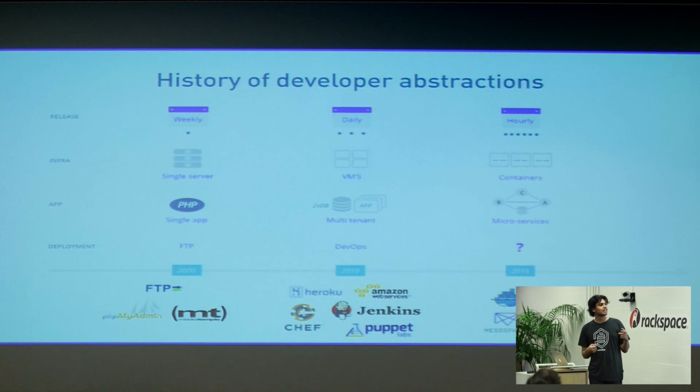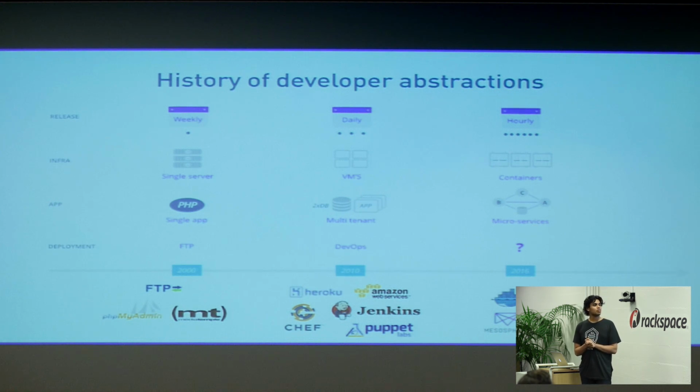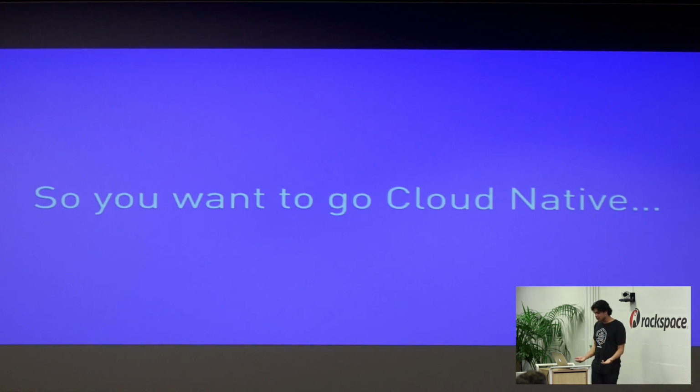And now to the cloud native world. You've got little containers, little teeny tiny things. You have a lot of services, and hopefully they're all talking to each other. You want to deploy them to schedulers. And how do you do it? Let's find out.